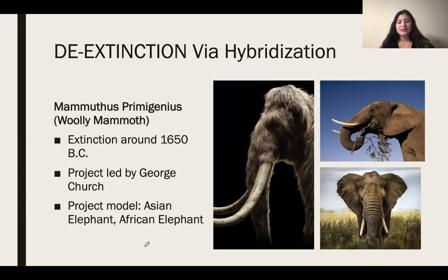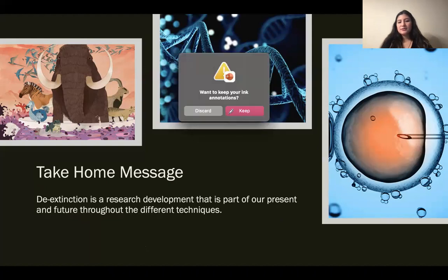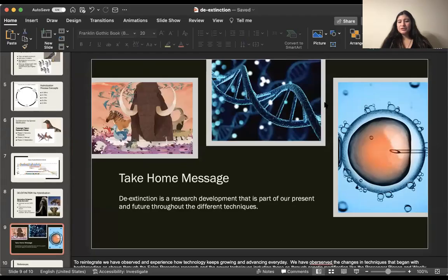That leads us to the take-home message for today: de-extinction research and development is part of our present and our future through different techniques. Not only that, de-extinction is a topic that grows every day, and that leads to growth in technology and new ideas.